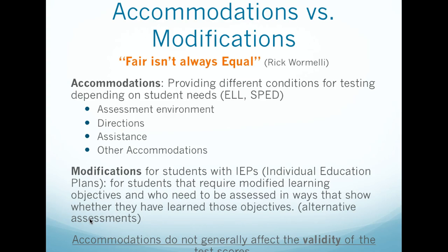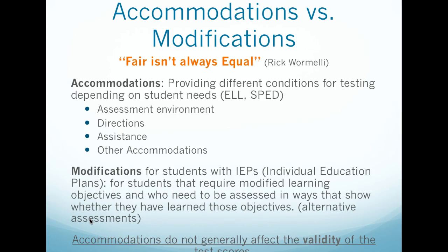For accommodations, most standardized assessments provide accommodations in assessment environment, directions, assistance, and other accommodations. Like assistance would be having a word-to-word dictionary. I will tell you now, and I want you to keep this in mind for Module 12, having a word-to-word dictionary is not the solution for ESL differentiation. Please remember that.